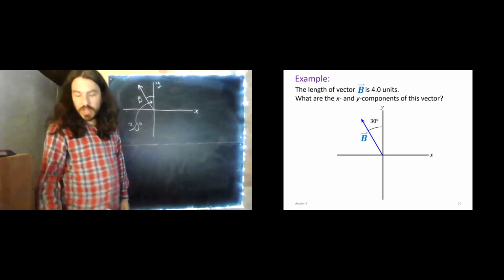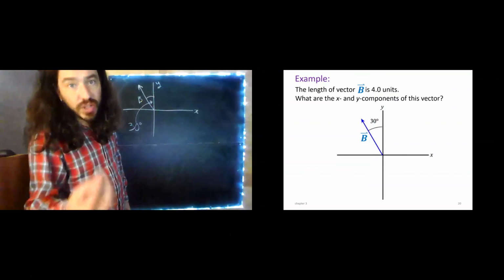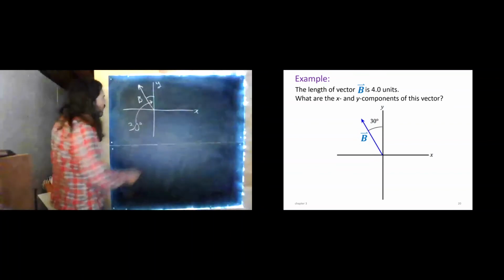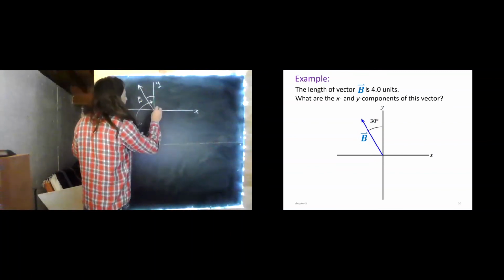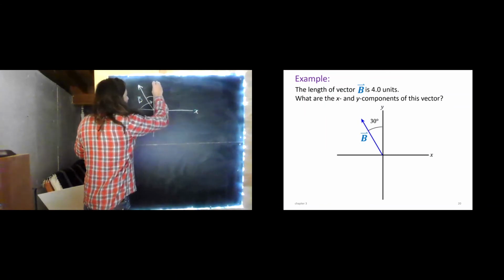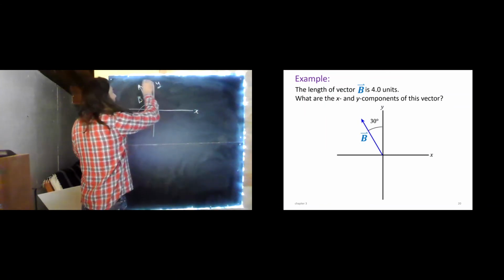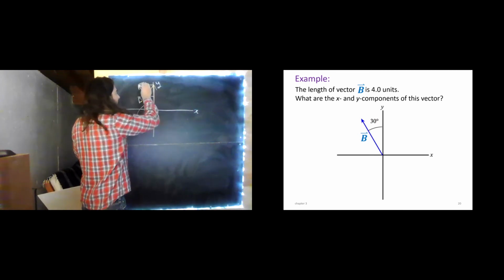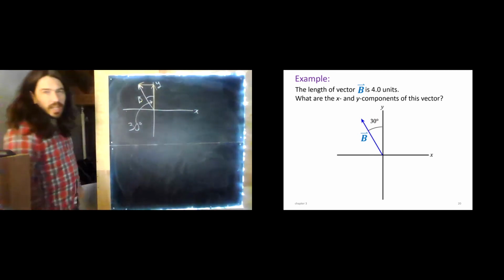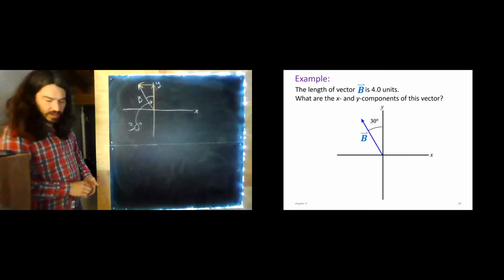Okay, so what we want to do is turn this into a right triangle. We've got our 30-degree angle there. So then our right triangle looks like this. And notice we're really doing vector addition here. We really are, right?